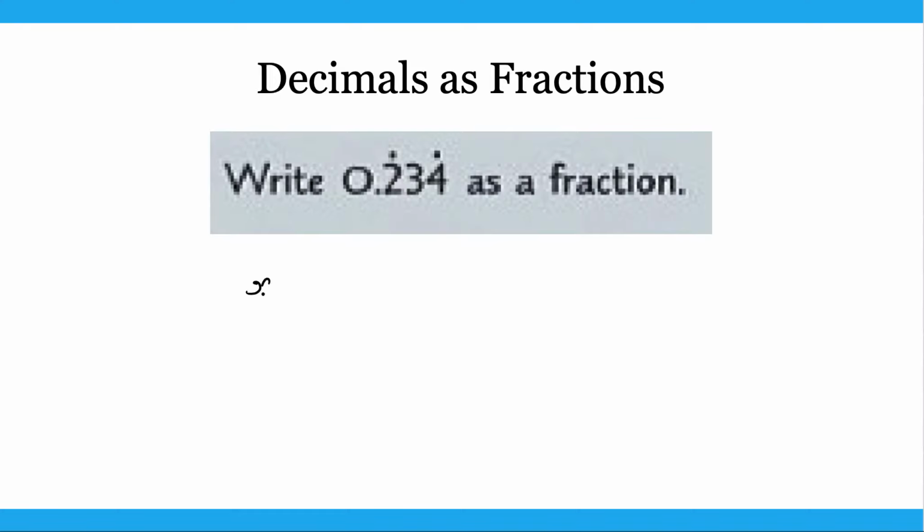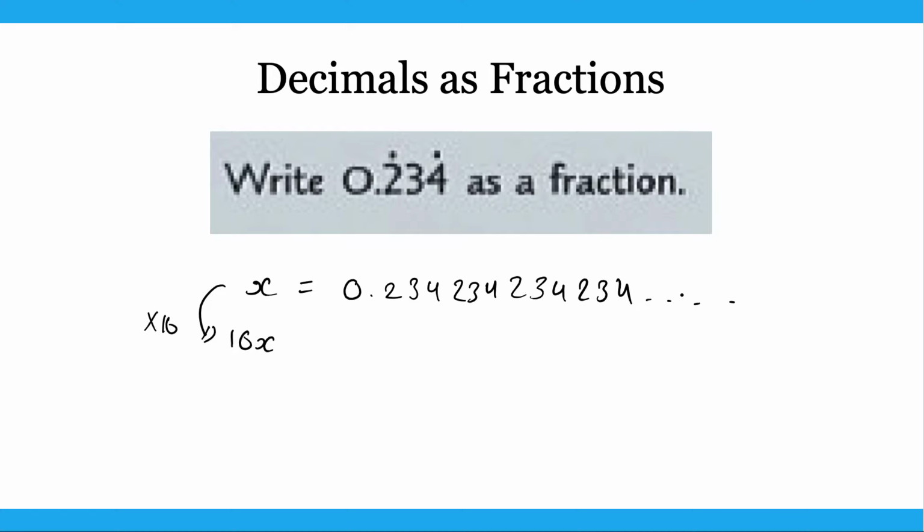So let x equal 0.234234234 and so on. Let's multiply this by 10. We need to get all the numbers after the decimal point out, so we're left with just whole numbers. So we're going to keep multiplying this by 10 until this occurs. So let's multiply this by 10 and we'll multiply this by 10 as well.